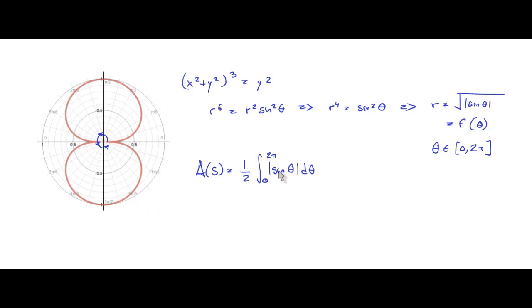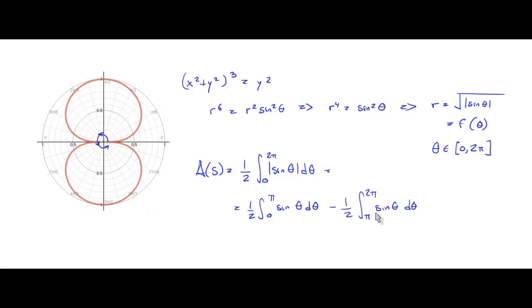Now the absolute value of the sine of theta is the sine of theta when theta is between 0 and pi, right? And then between pi and 2 pi, the sine is negative, so this is going to be minus 1/2 of the sine of theta between pi and 2 pi.